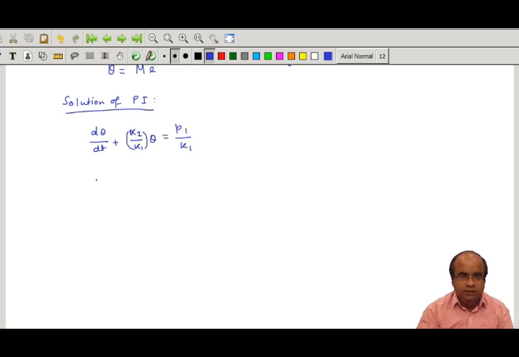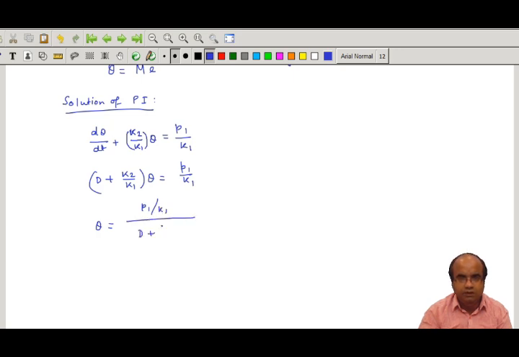That is, we can write D, the derivative term, D plus K2 by K1 theta equals P1 by K1, or theta becomes P1 by K1 divided by D plus K2 by K1.